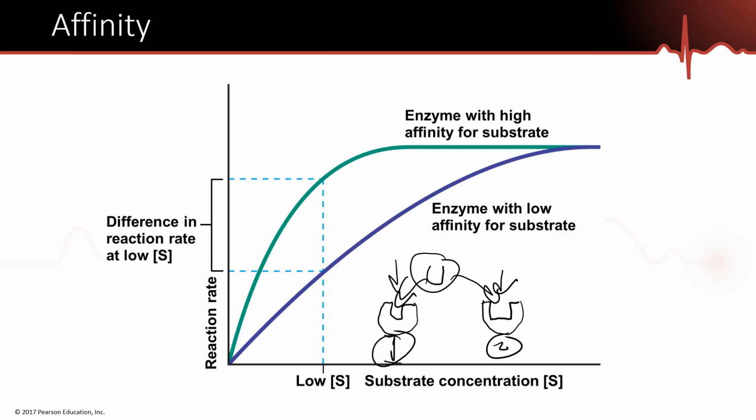So what we would say about enzyme population number 1 is it has a much higher affinity for the substrate or reactant than enzyme population number 2, right? Enzyme population number 2 has a lower affinity due to its active site for that specific reactant or substrate.